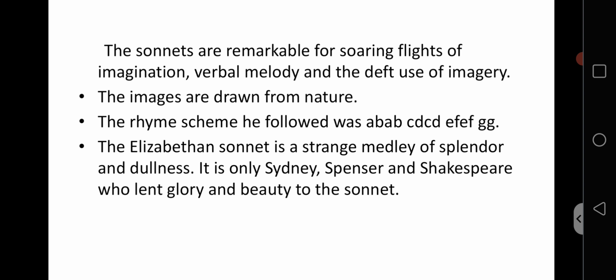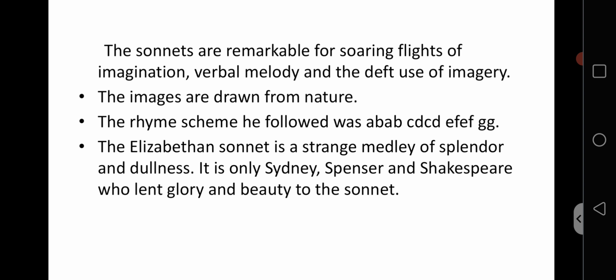His rhyme scheme is abab, cdcd, efef, and gg. So there are stanzas of 4 lines, 3 stanzas, and these 3 stanzas are followed by a couplet.